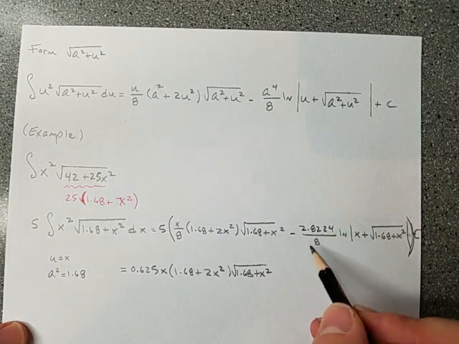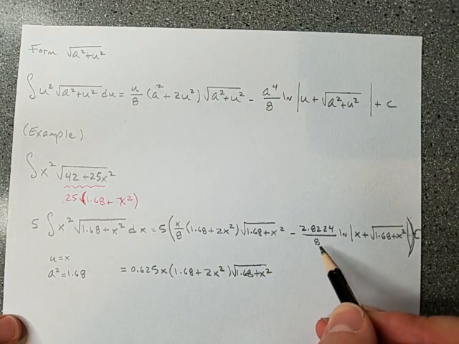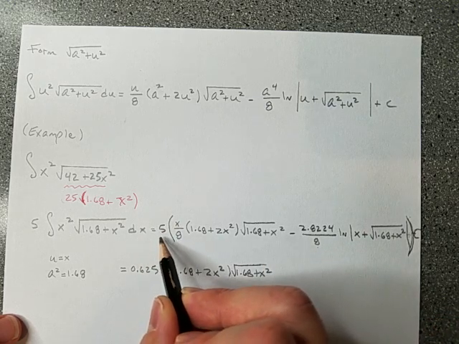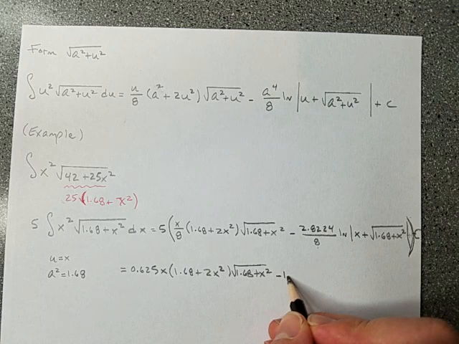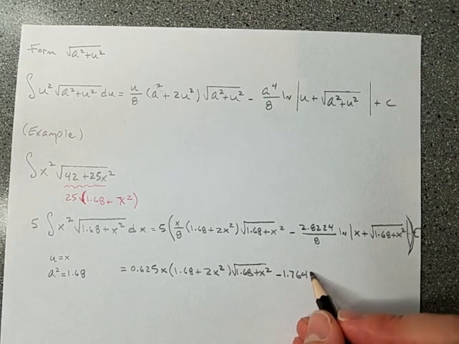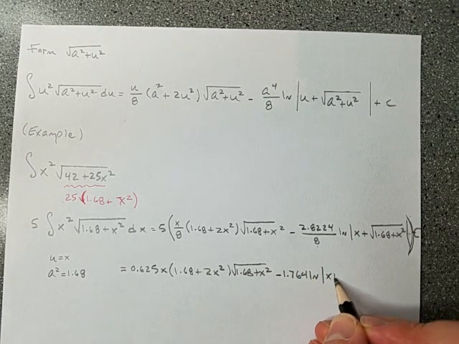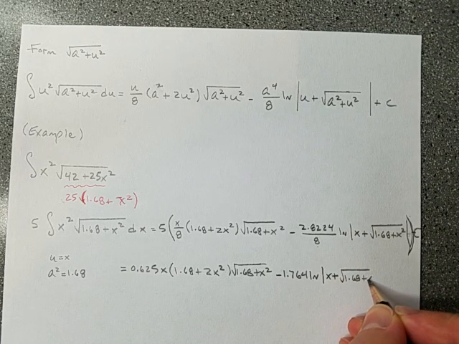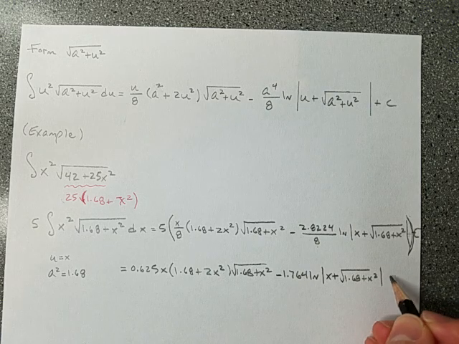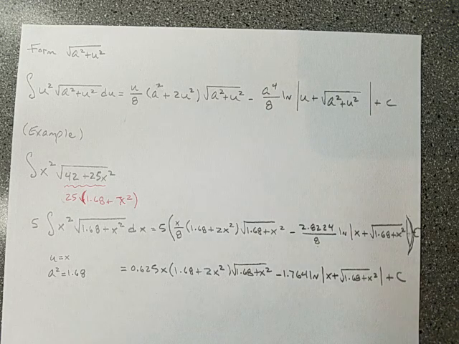And here, let me work this out. I'm going to take 2.8224, divide by 8, and multiply by 5, and I'm going to get 1.764. So this will be minus 1.764 natural log, absolute value, x plus root 1.68 plus x squared. Then plus c. I feel much better about that.